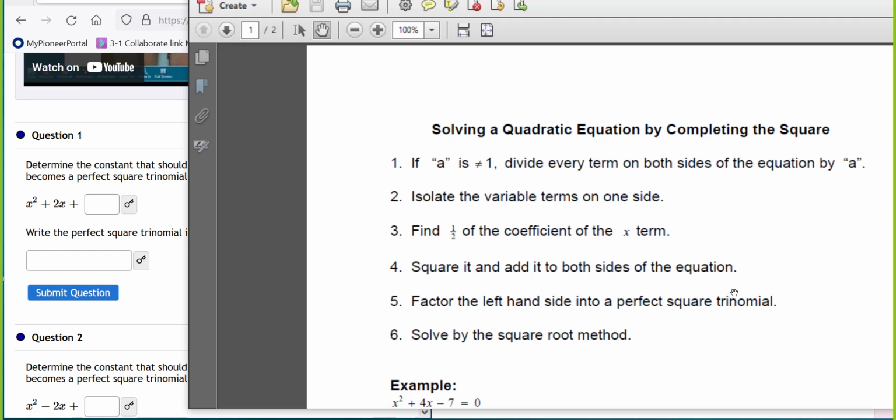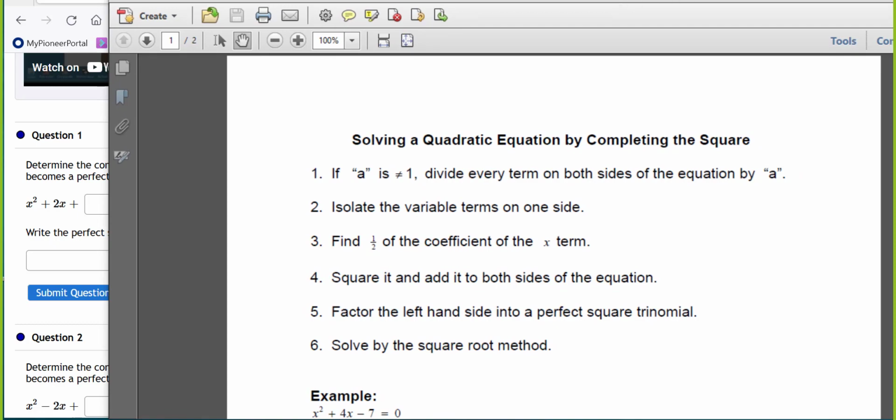What this is going to do is force that left-hand side to become a perfect square trinomial, which will be 2 parentheses when they're factored that are just alike. And once you have that, you can solve it with the square root method. So those are our steps, and I'll mention them again as we go.